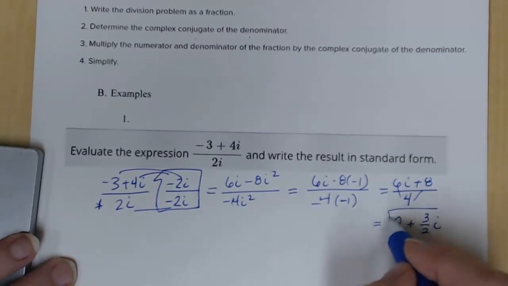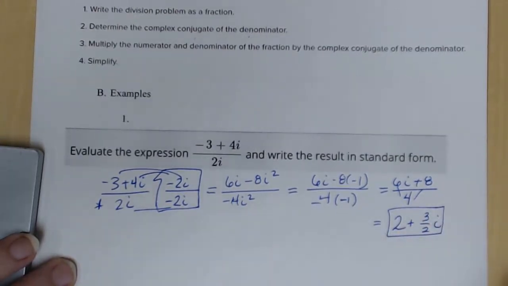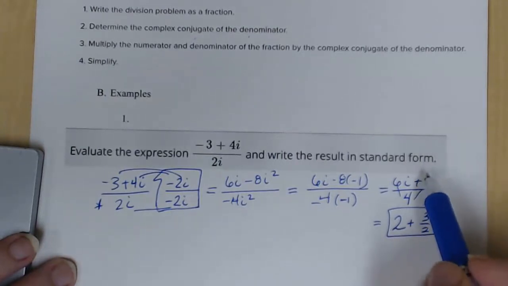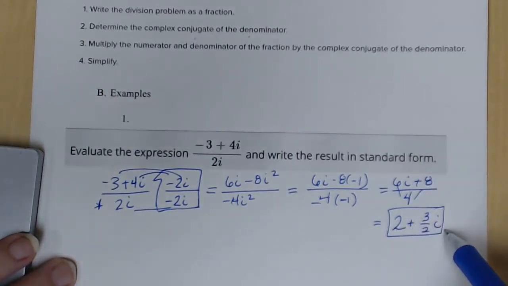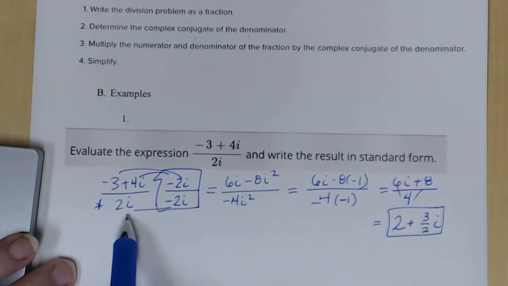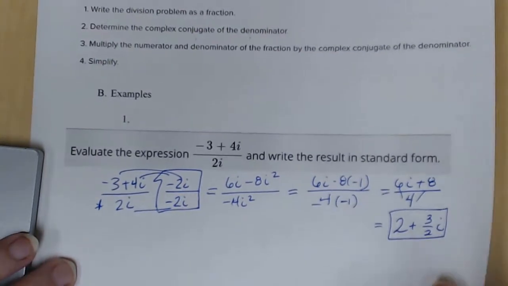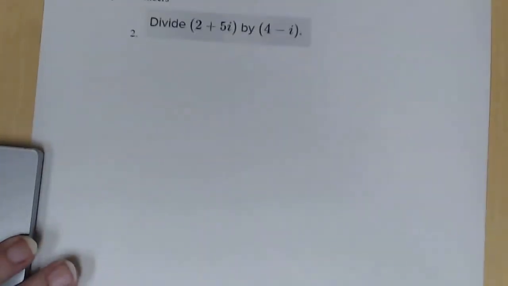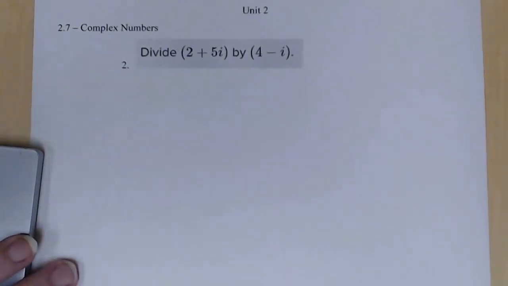So my final answer would be 2 plus 3/2 i. This is written in standard form, that a plus bi form. In order to get there, the main thing that we've learned here is multiply the top and bottom by the complex conjugate of the denominator.